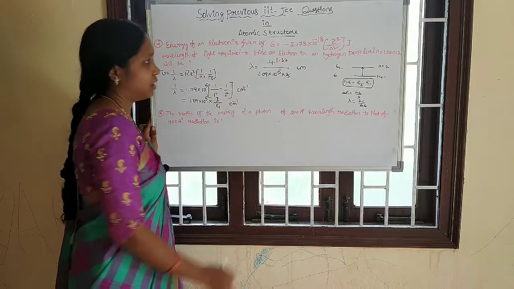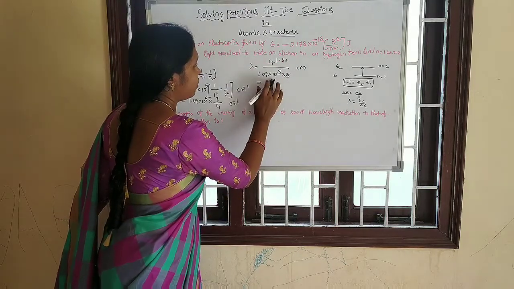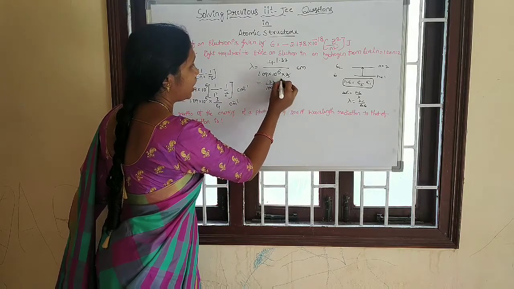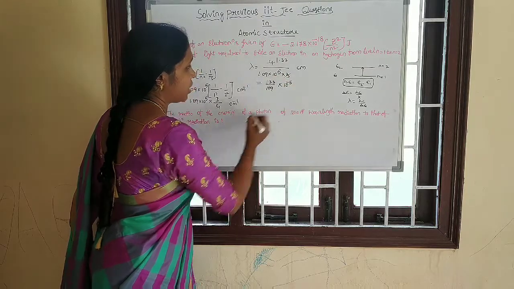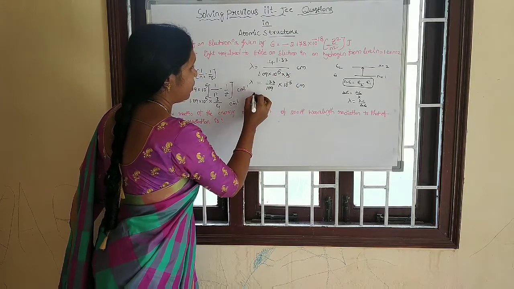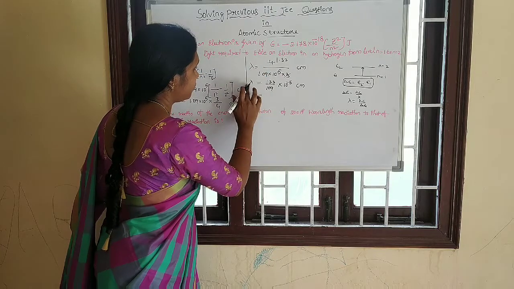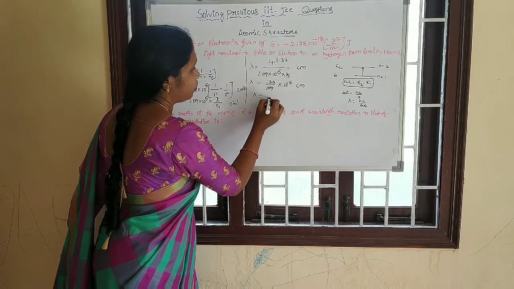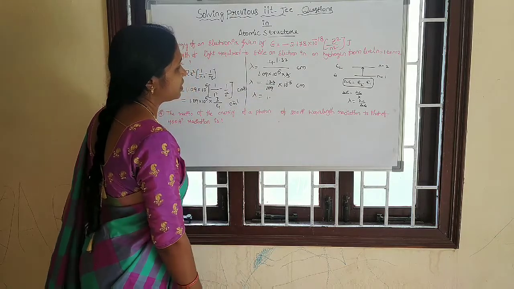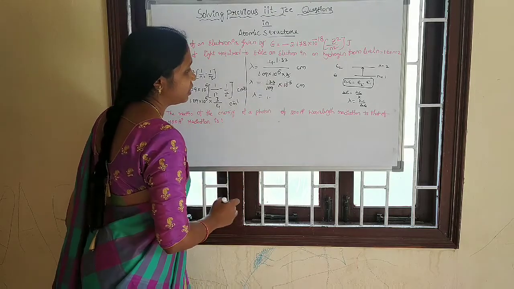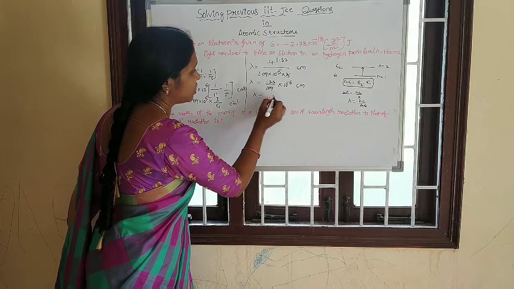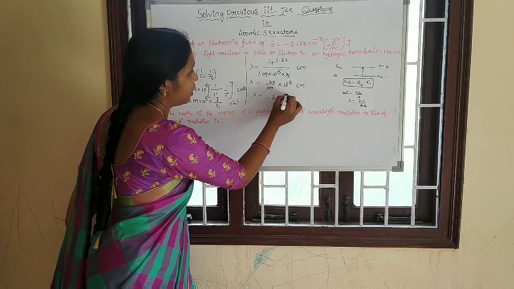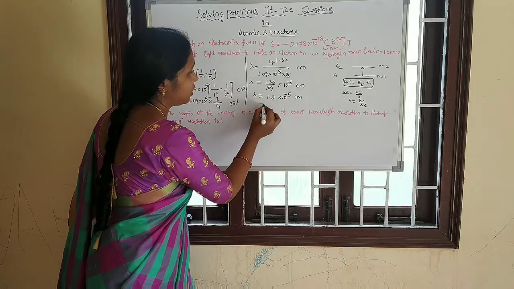1.33 like that. So take 133 by 109 into 10 power plus 5, going out as 10 power minus 5 centimeter. So lambda equal to about 1.2 into 10 power minus 5 centimeter.